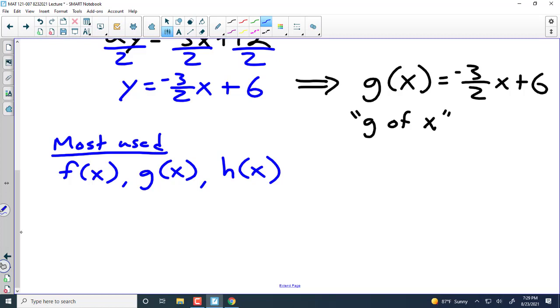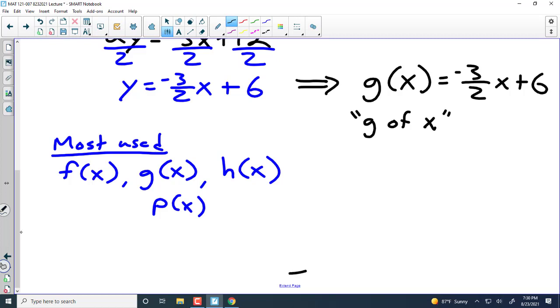But if you were really jazzed about this, yeah, you could say p of x. That's fine. In fact, sometimes people do that when the equation models something in a real-world situation. They take a letter that has to do with that. Like if someone's doing something about how much something will cost, they'll do c of x, or cost. But in general, you're going to see the f and the g most often, and sometimes h.